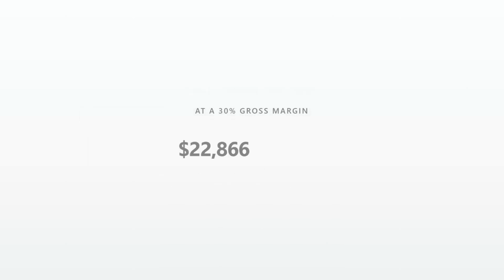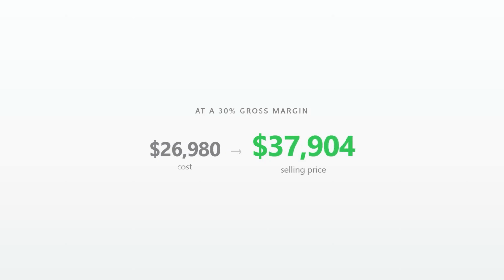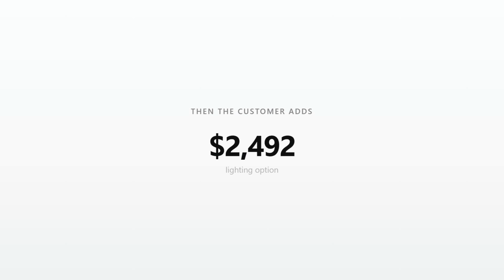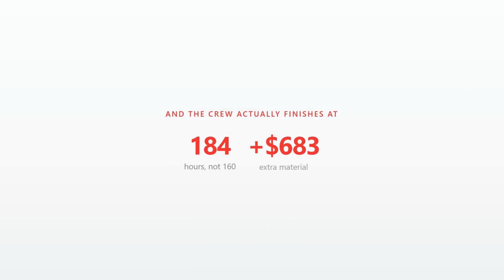So the total estimated cost is around $26,908. At a 30% gross margin, the selling price needs to be around $38,000. Then the customer adds a $2,800 lighting option, and the crew actually finishes at 184 hours with $700 of extra material. Let's start with the cost model.